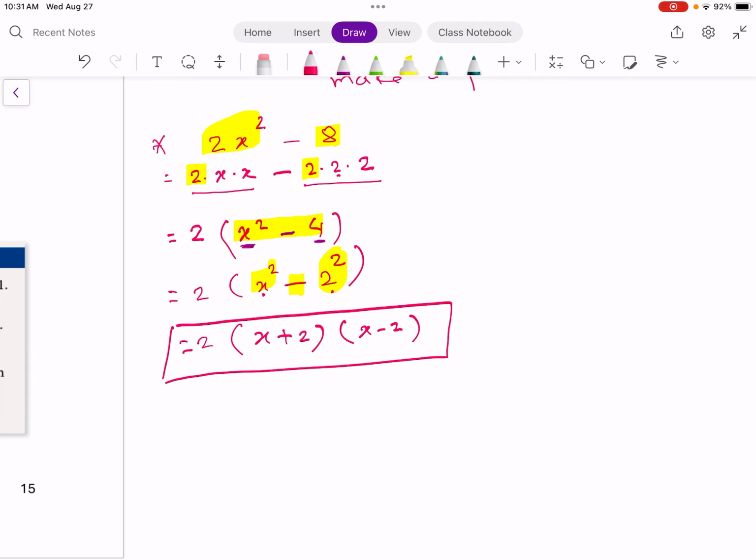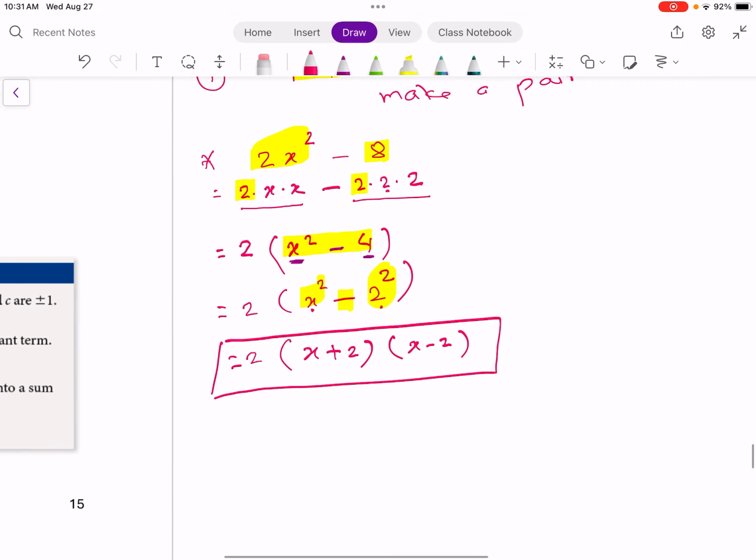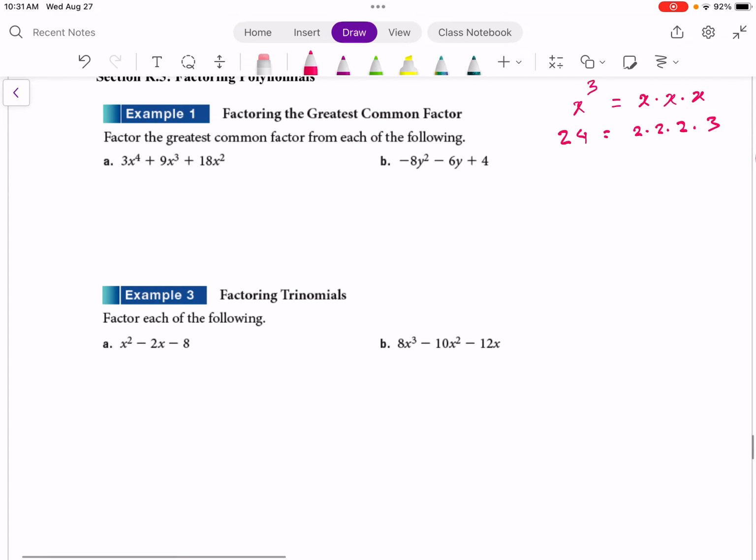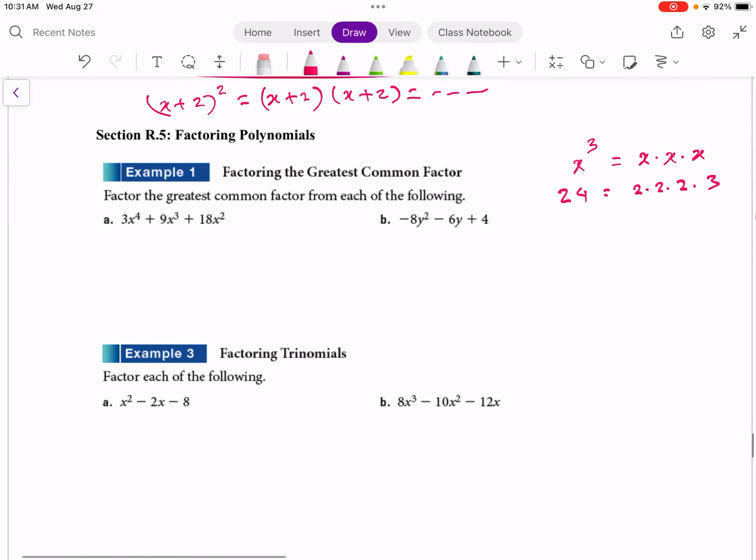Okay, now let's go back to our example. Can I go to the next example? So now let's do number 1.